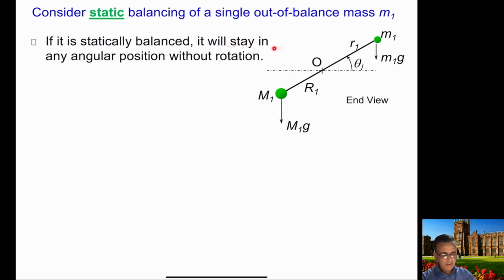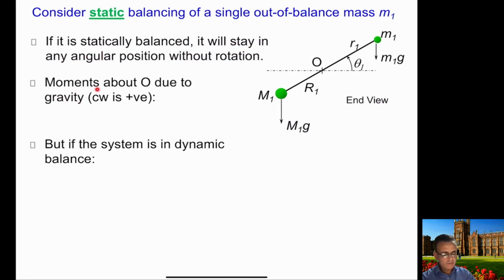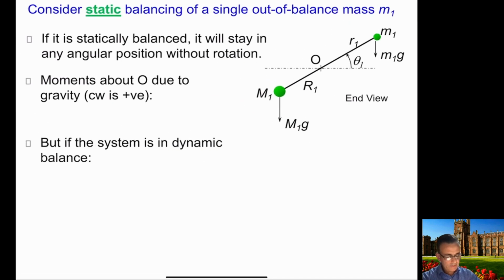And we know that if we take a moment about O, due to gravity we will have two moments here. One moment is this: capital M1 will try to rotate the system in the counterclockwise direction, and the small m1 will rotate it in the clockwise direction.